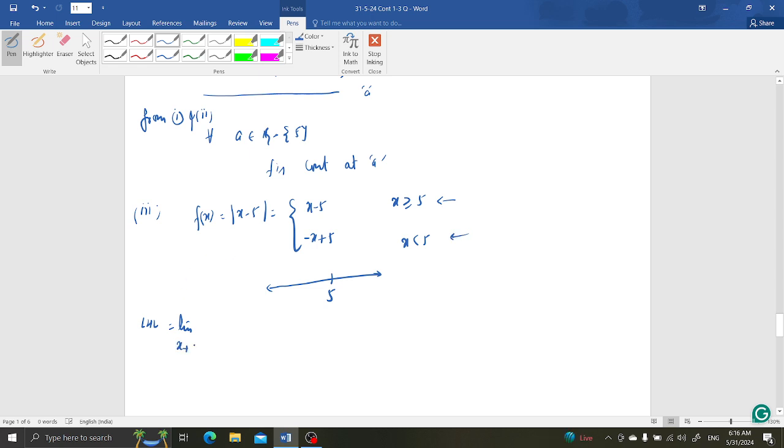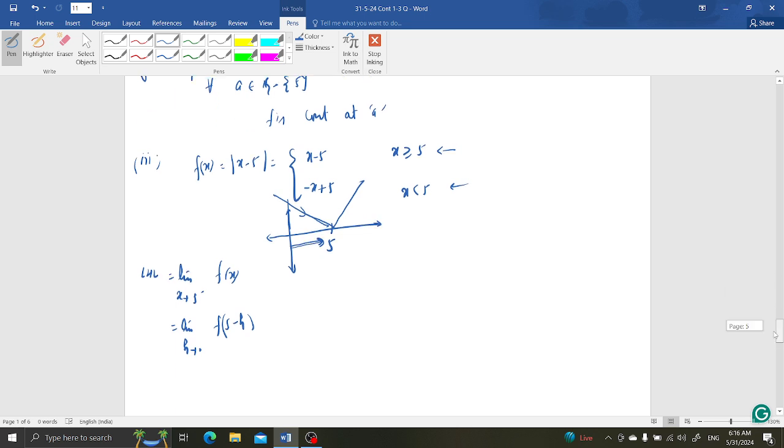Limit x tends to 5 negative f of x, that is limit h tends to 0 f of 5 minus h, because we are on the left side. When x moves towards 5 from the left side, our task is to check where f(x) moves. We have a graph also. We see that f(x) moves towards 0, but we can also prove it simply.